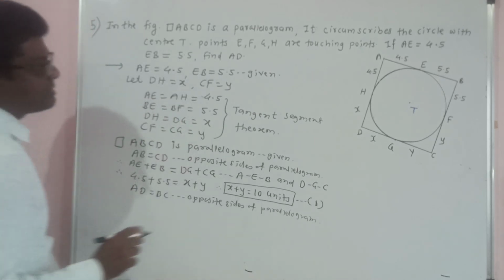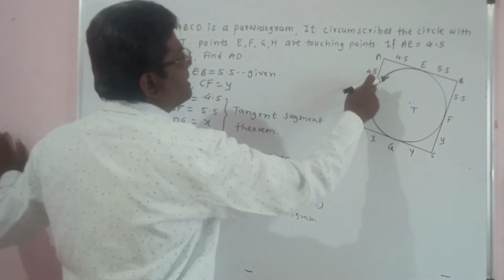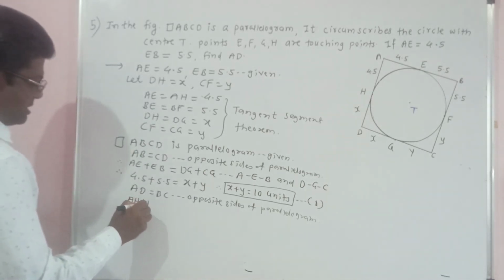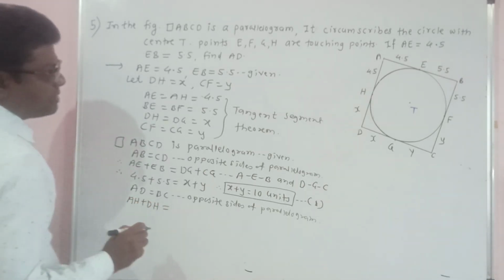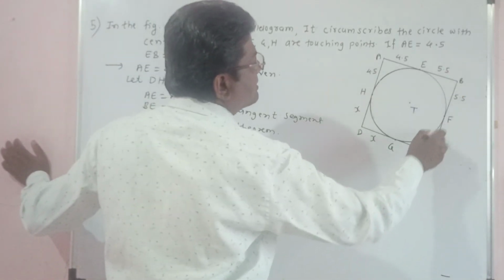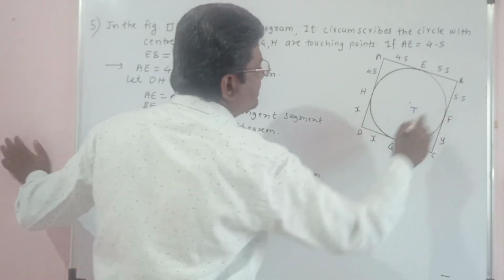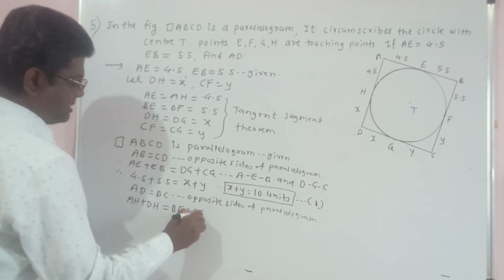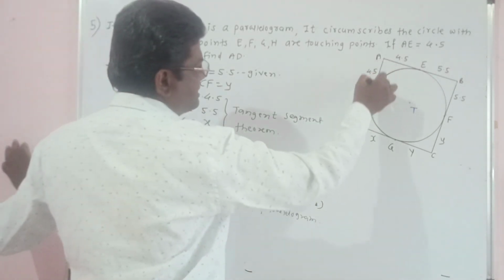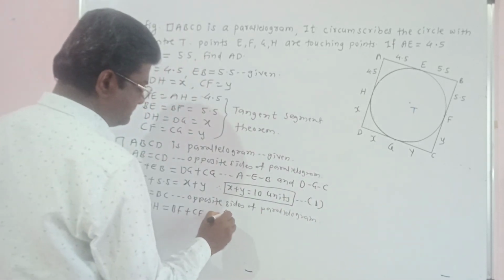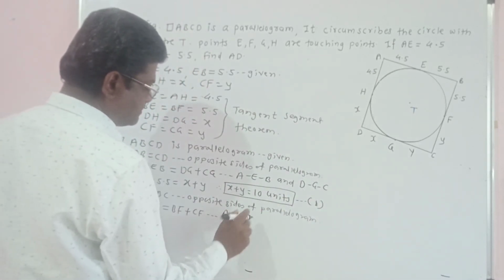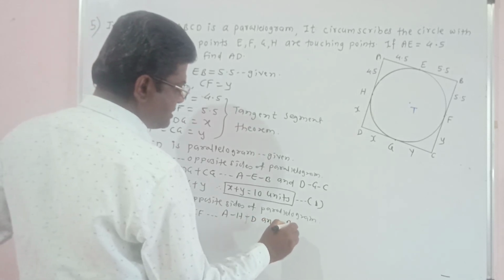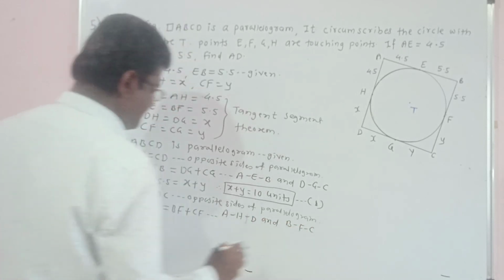Now AD is AH plus DH. AH plus DH is equal to BC. BC is BF plus CF. Reason is A-H-D and B-F-C.